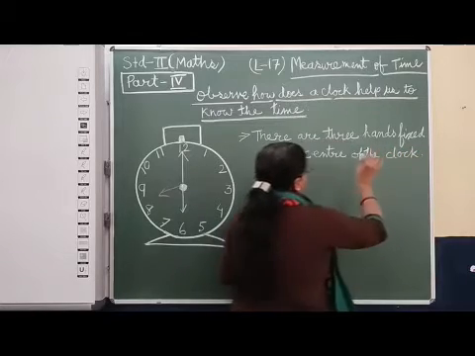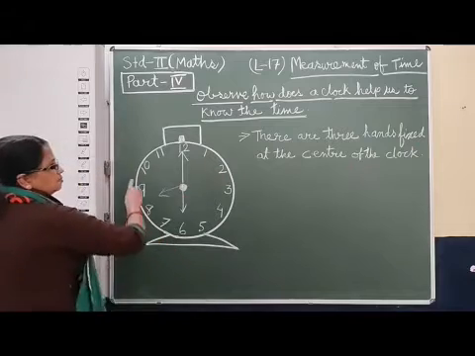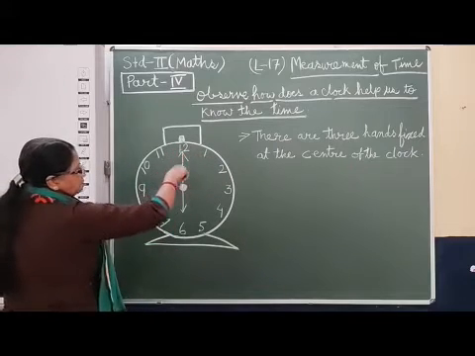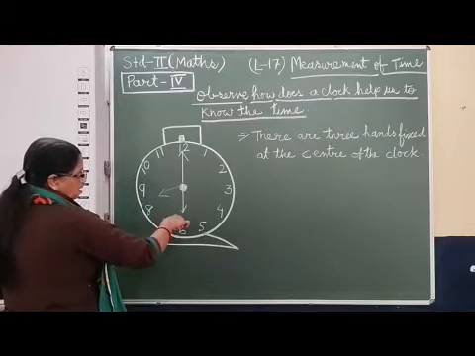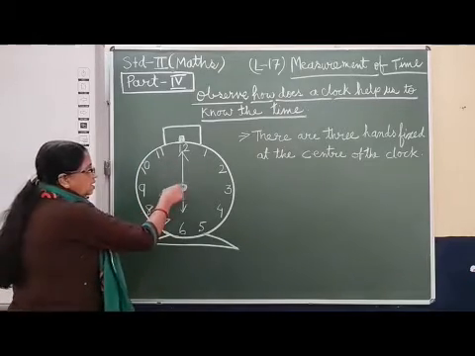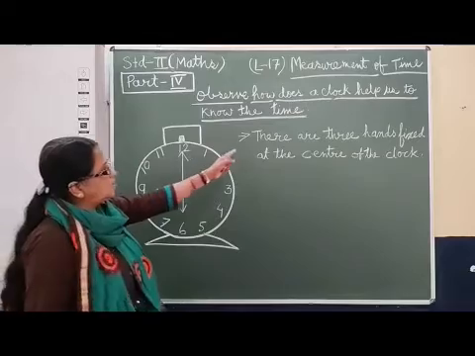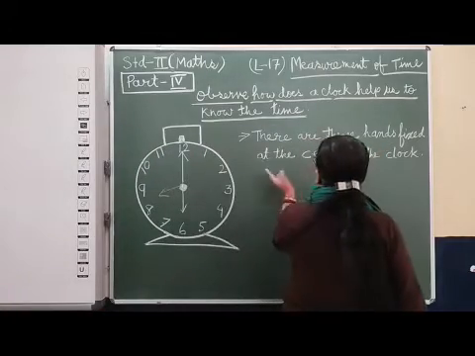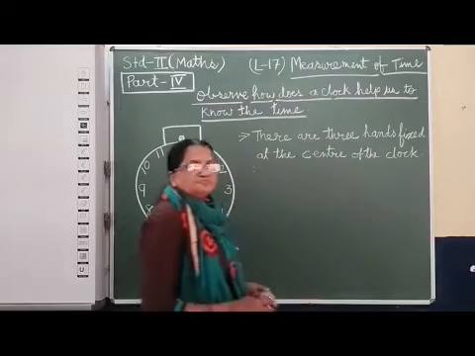This is the structure you can say. There are 3 hands. One is the minute hand, other is the hour hand, other is the second hand. All are fixed in the center of the clock.